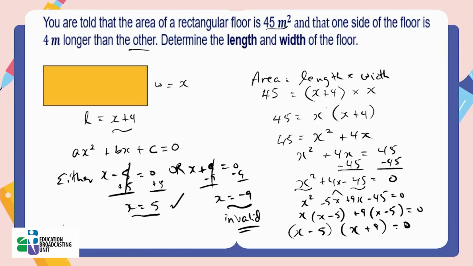So we can say, therefore, that the width itself, the width of this rectangular floor, is equal to 5. That's what the x is, right? So that is 5 meters.